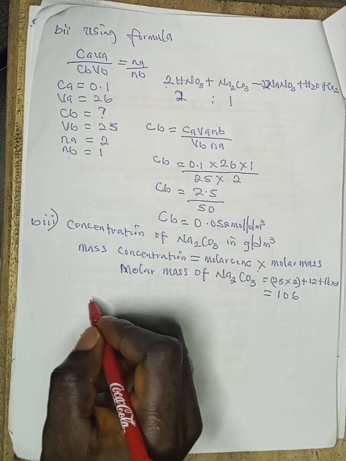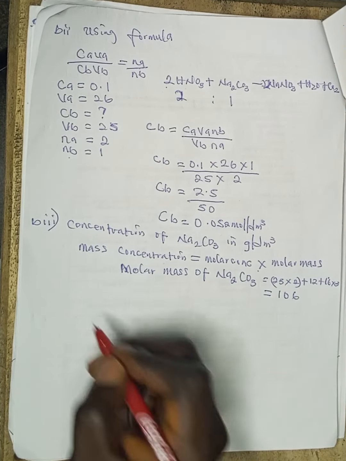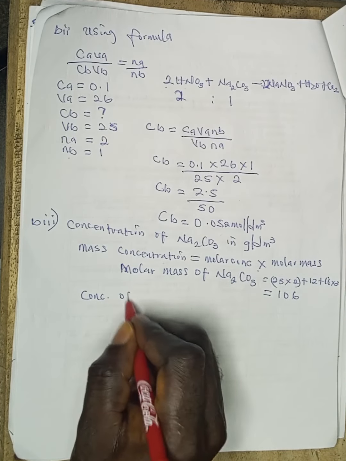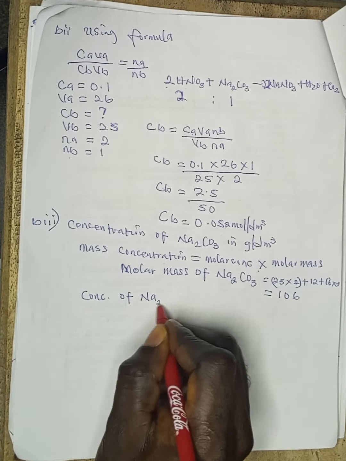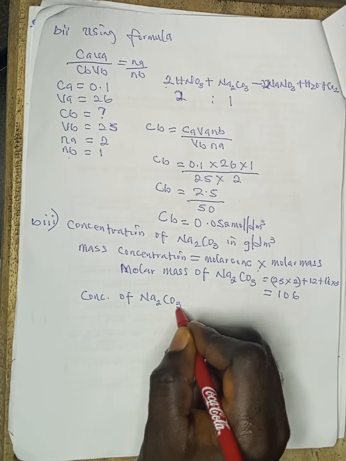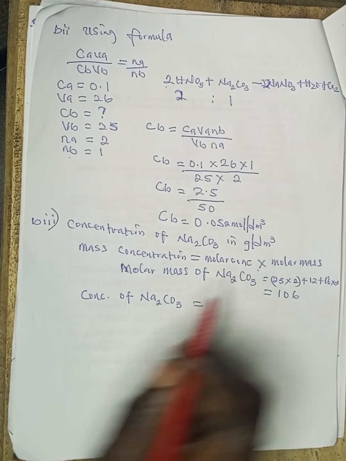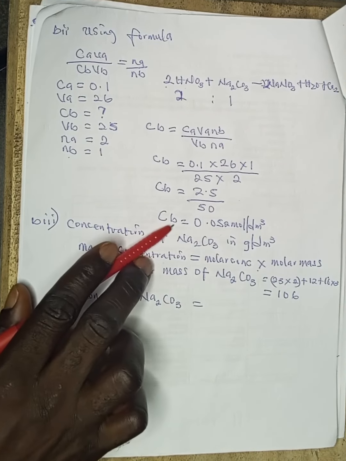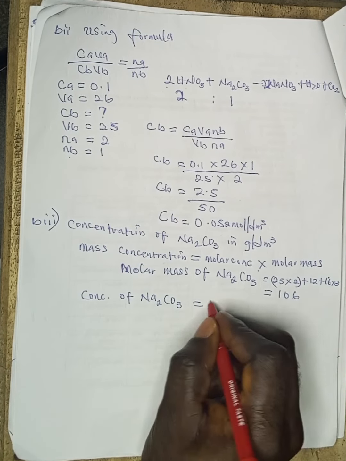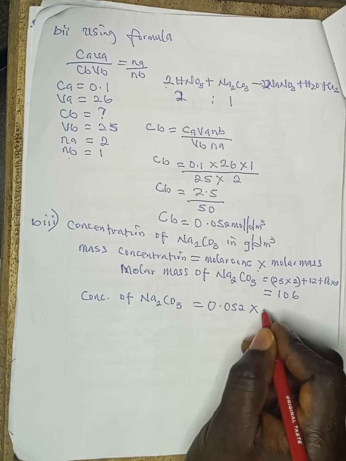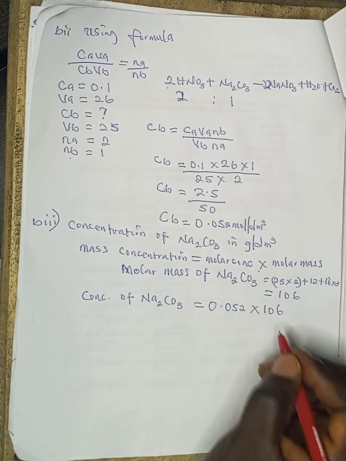Now say at the end, concentration of Na2CO3 is equals to molar concentration of B. Look at molar concentration of B here, 0.052 times 106.